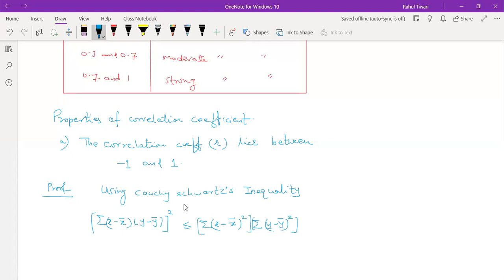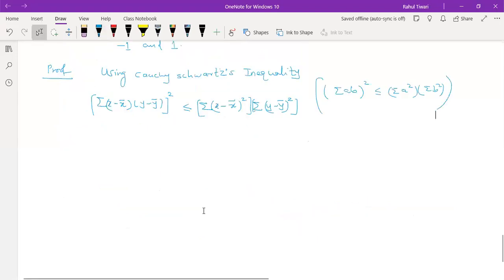So Cauchy inequality says that whenever we have two values, summation AB whole square will be lesser than or equal to summation A square into summation B square. This is called Cauchy inequality. So according to this result, one can write these expressions.